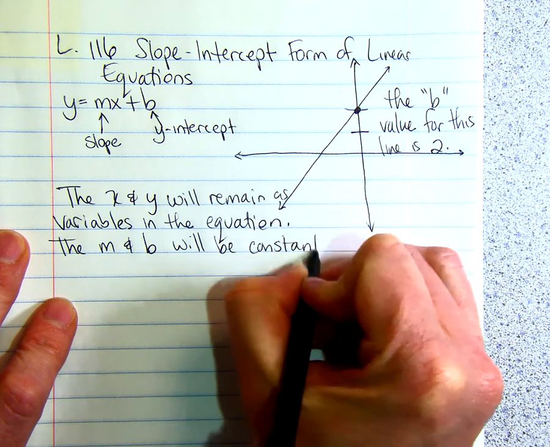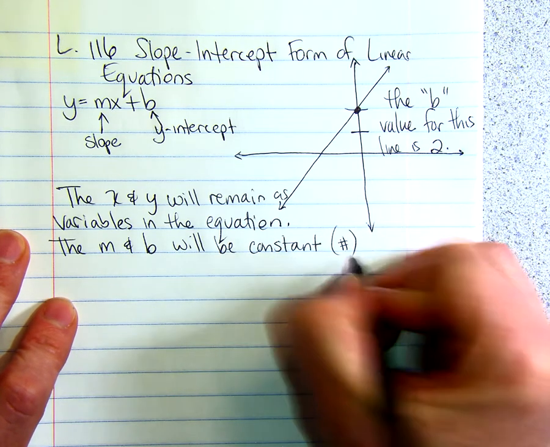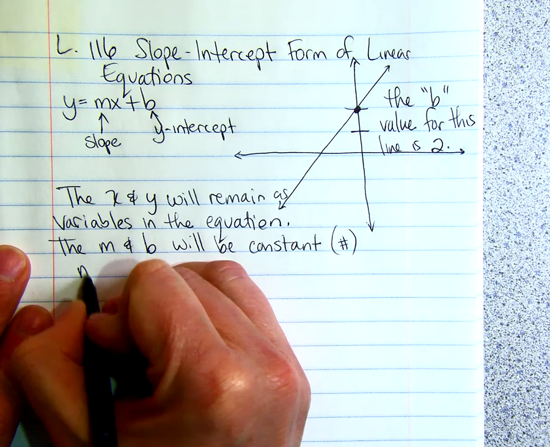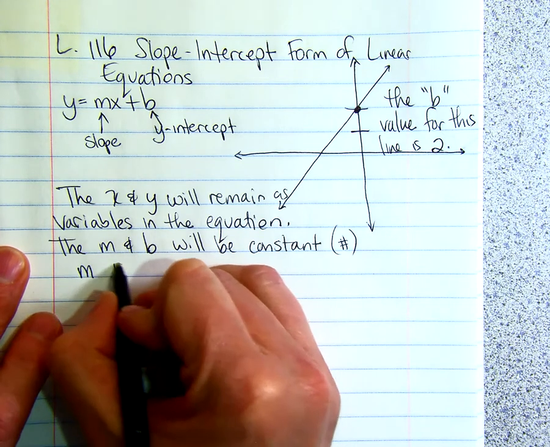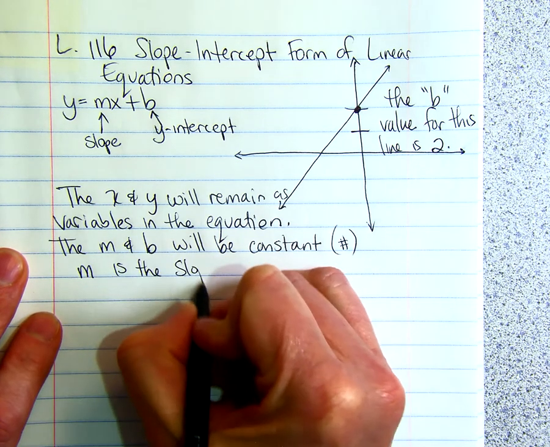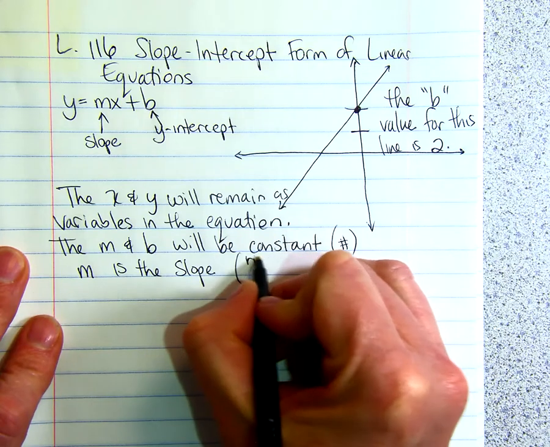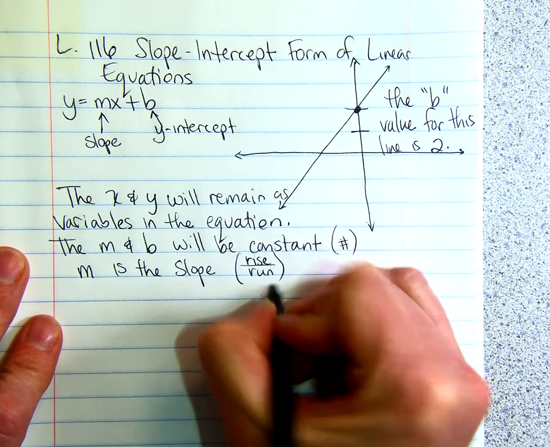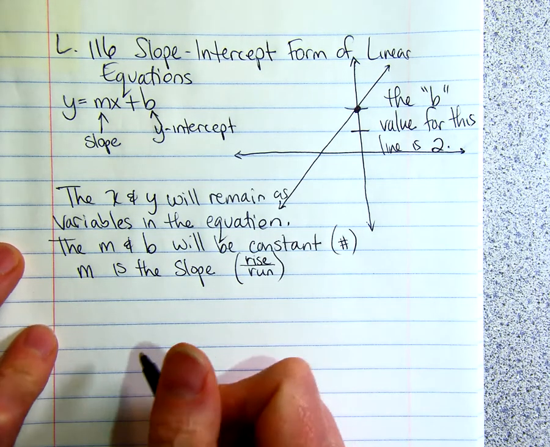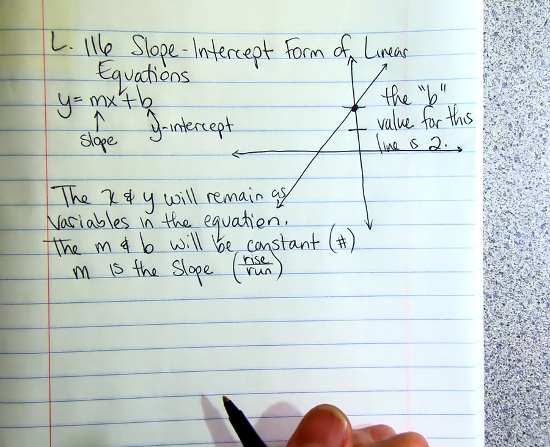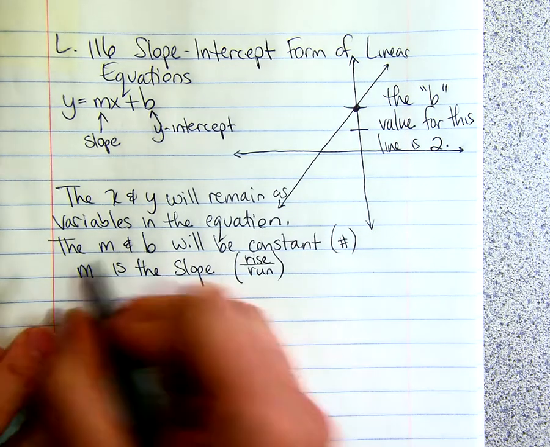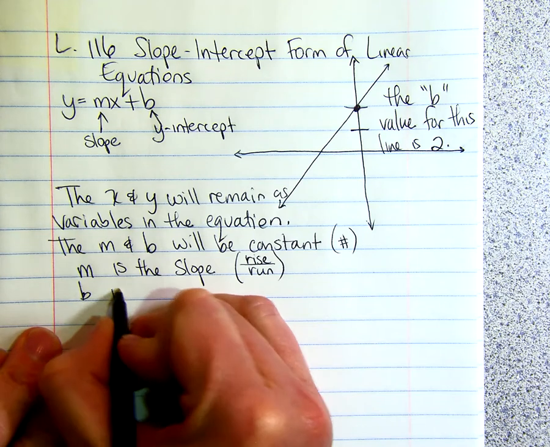And a constant is just a number. m is the slope, and just a reminder, that's rise over run, and it can be negative if it goes downhill from left to right, and it'll be positive if it goes uphill from left to right.